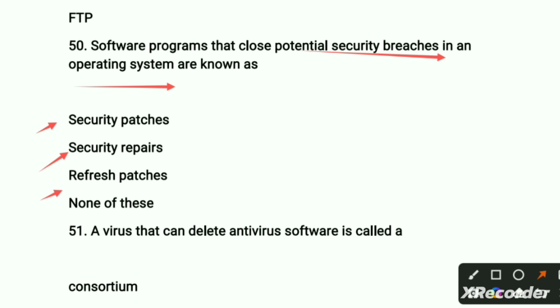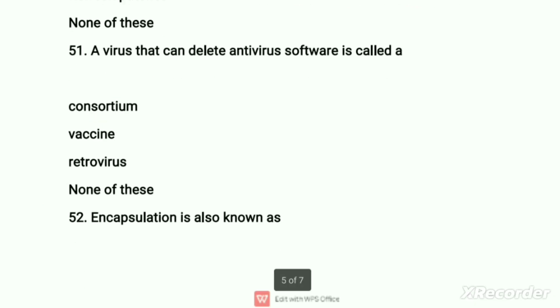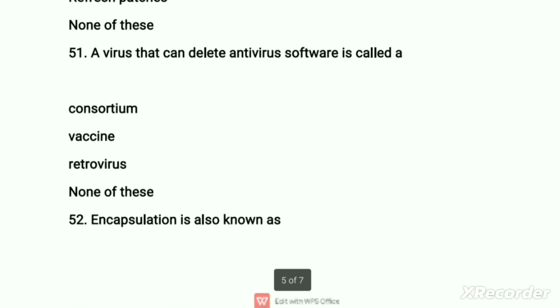So that is basically a procedure, and security patches is software to correct errors in computer system code. Here we talk about a software program, so our right option is the first option, security patches. Move to our next question.